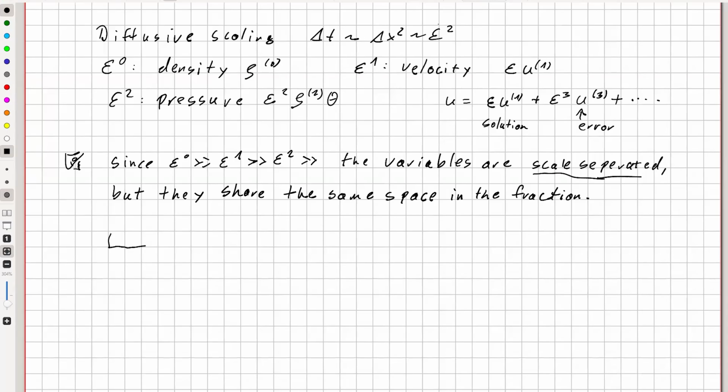So say we have here our fraction. The fraction of our floating point number, and say we have here our most significant bit.